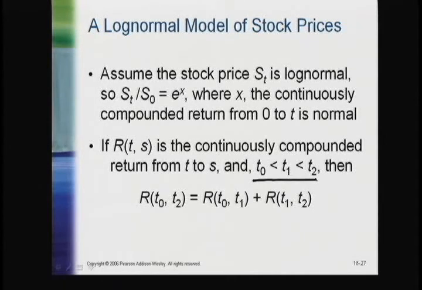Now notice that this formula is not true for annualized returns. This is just the numerical value of the continuous return from T0 to T2, which is equal to the numerical value of the first period return plus the numerical value of the second period return.